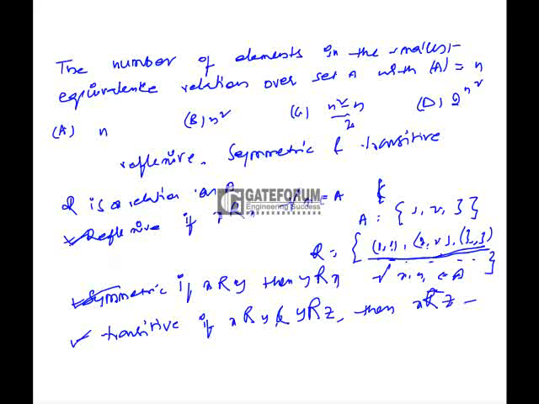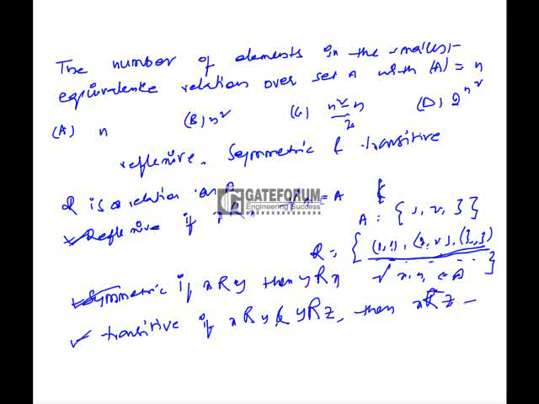Here we have to find the number of elements in the smallest equivalence relation. If it has to be equivalence, it should be reflexive. In a reflexive relation, at least n elements should be there.